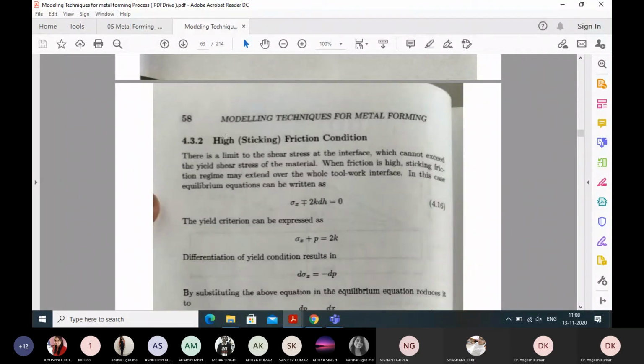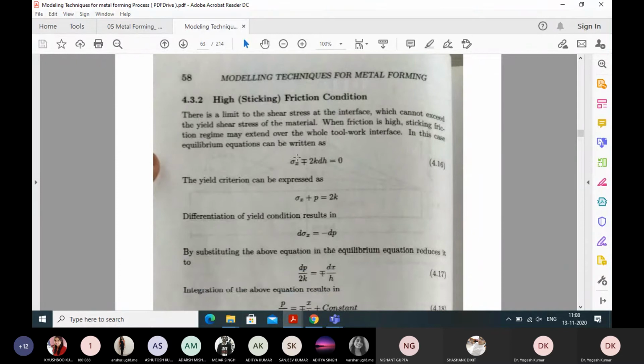Okay, and under open die forging there are other conditions also. That previous one was sliding friction condition, then maybe sticking friction condition, that is high friction condition.